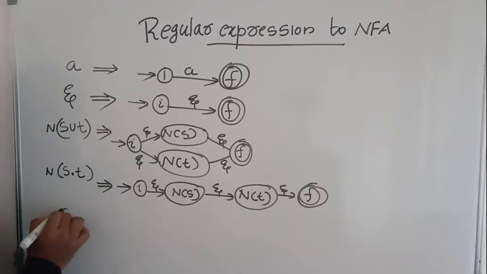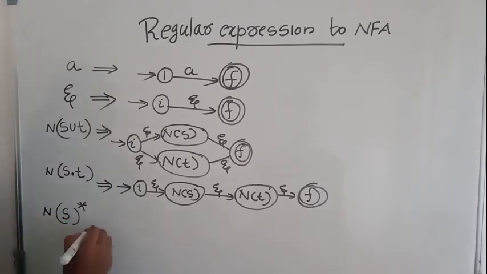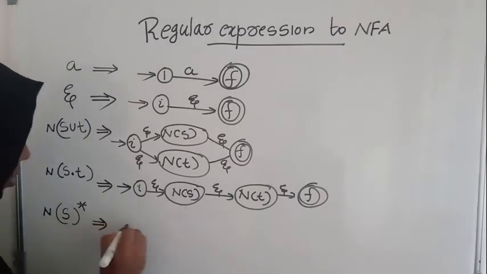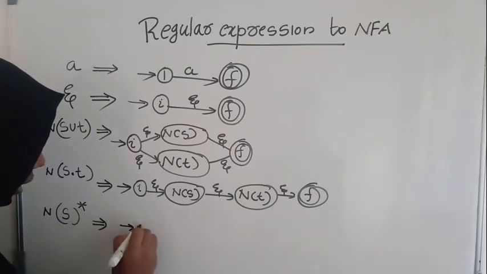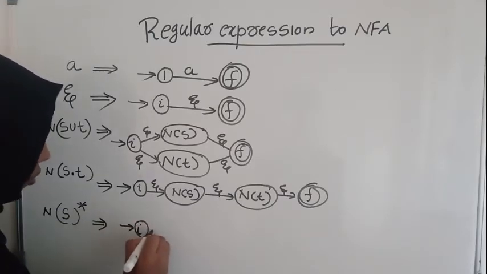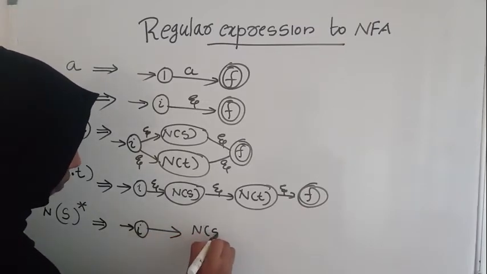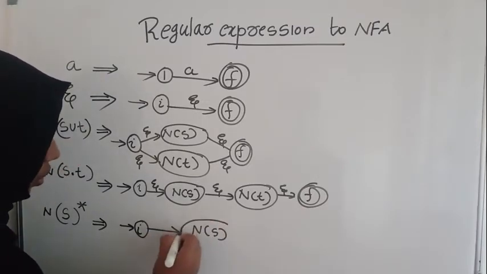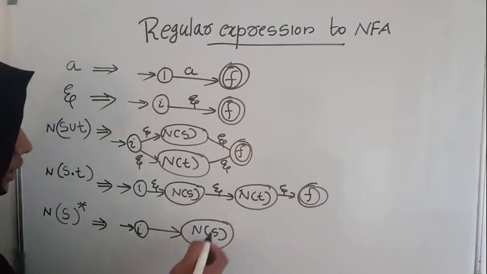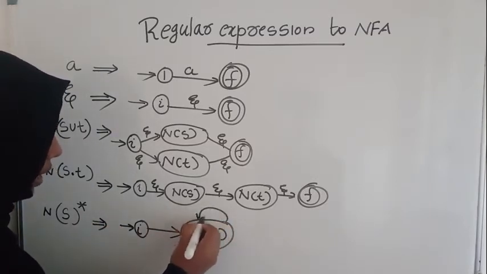Now, if you have the NFA for S, and you want to draw the NFA for S star, star means 0 or more occurrences of S, it can be drawn as follows. Include a start state I. Now include the NFA for S. You know that S star means it can be repeated any number of times.